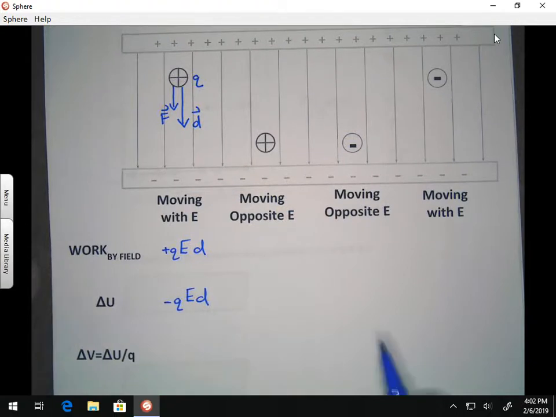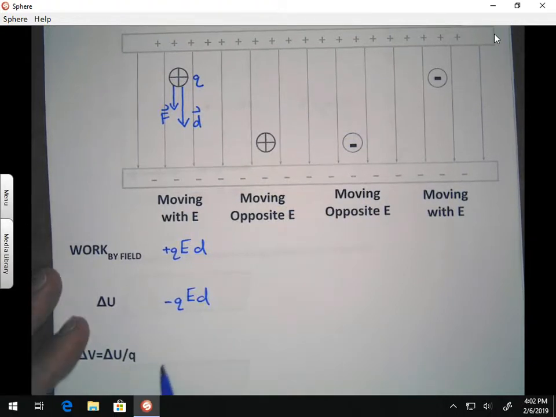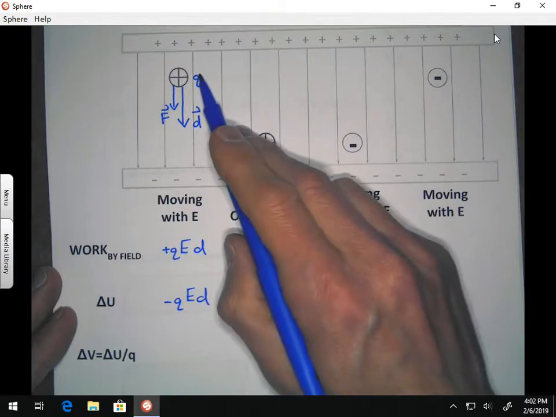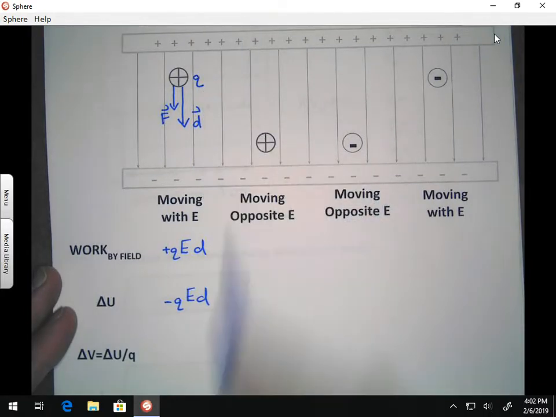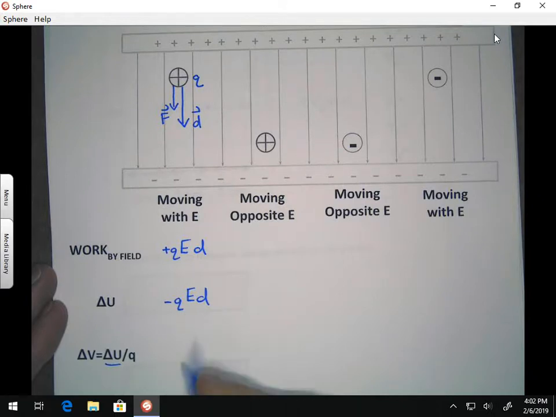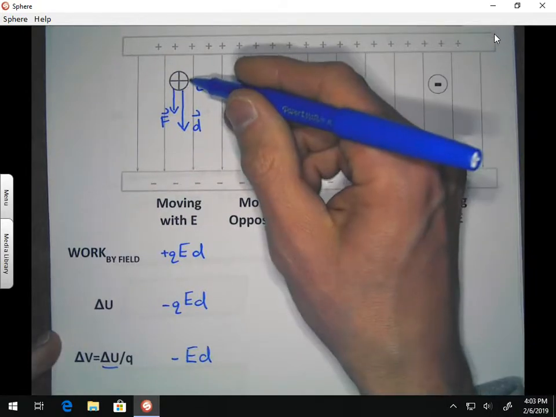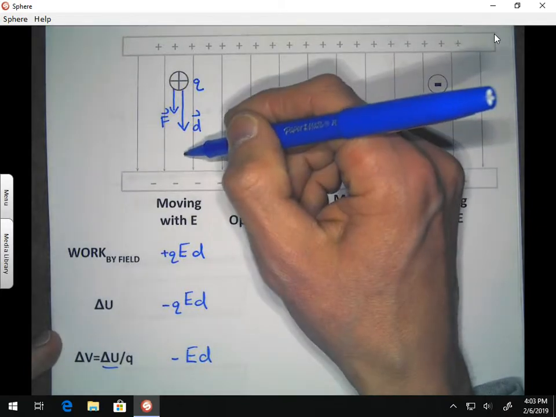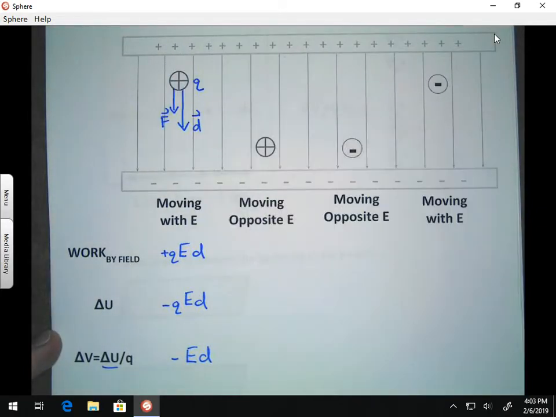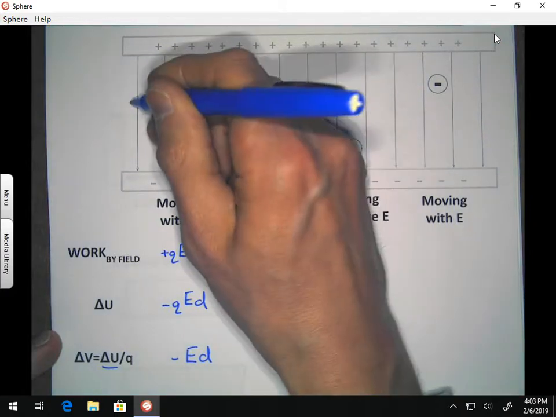That's how you figure these things out. So then what would the change in potential be between your starting point and your ending point? The change in potential is simply going to be the change in potential energy divided by Q. So if I divide Q out of this expression up here, I'm going to end up with negative E times D. And the meaning of that is that the potential is decreasing as I go this way.